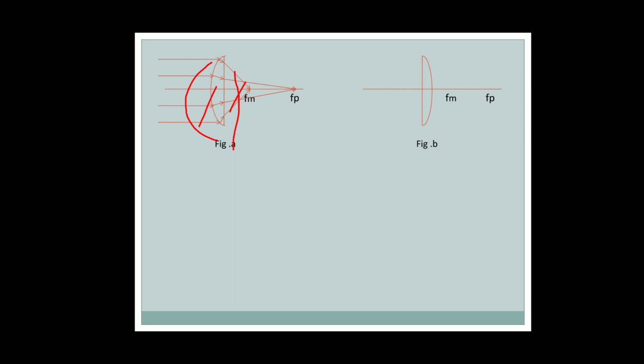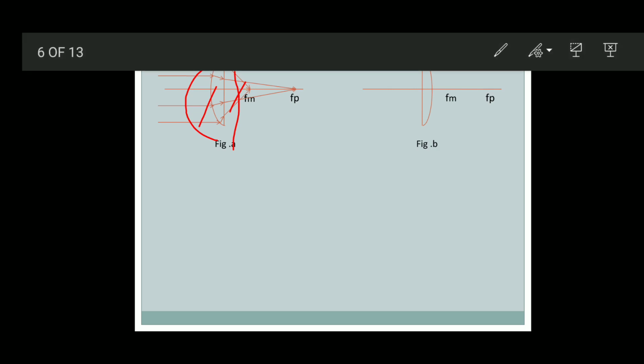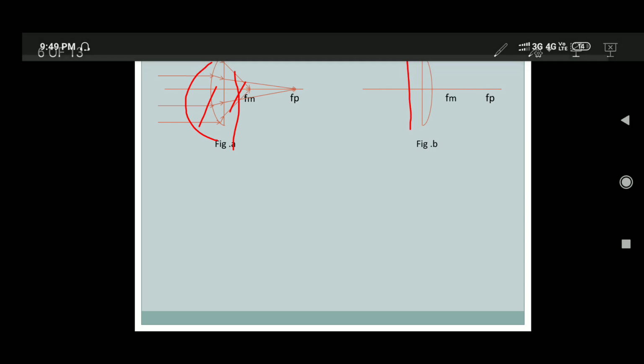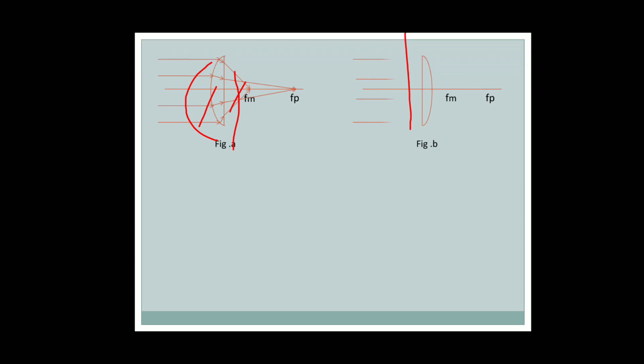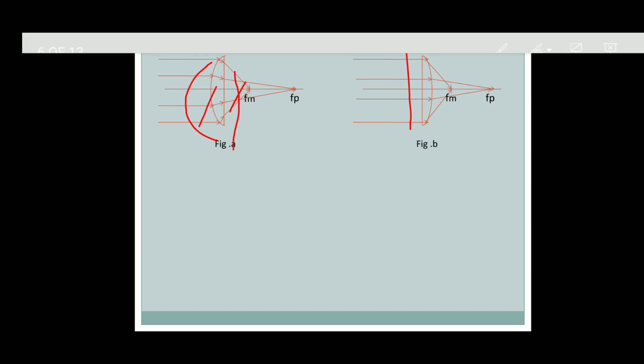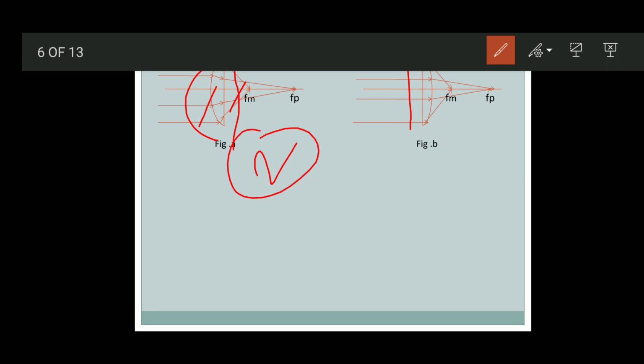So there are two deviations in figure A. In case of figure B, the plane surface is towards the object. So the rays coming from the infinite object are incident on the plano-convex lens and do not deviate at the plane surface, but are deviated at the curved surface, and images are formed at Fm and Fp. So in figure A there are two deviations, but in figure B there is one deviation.